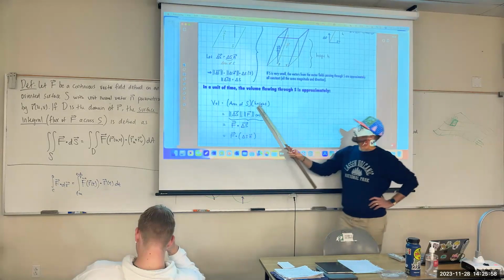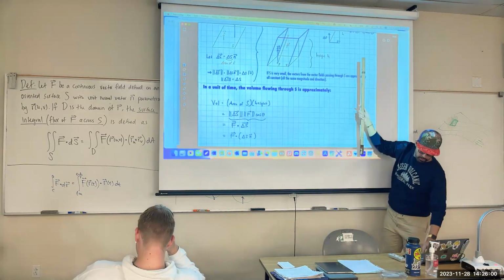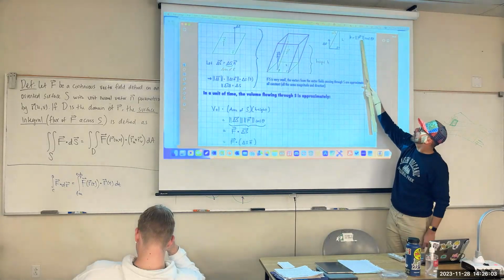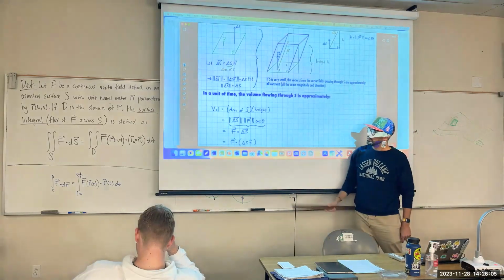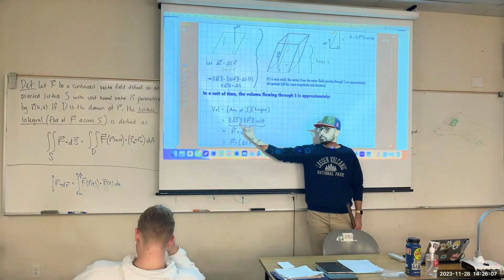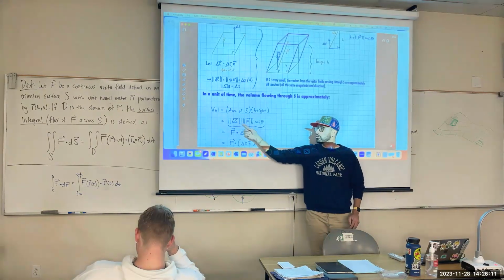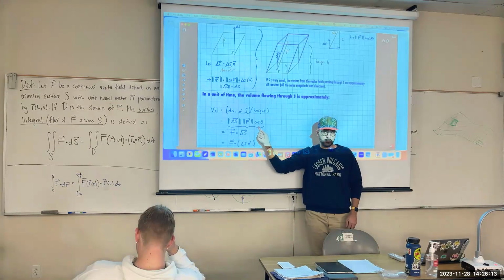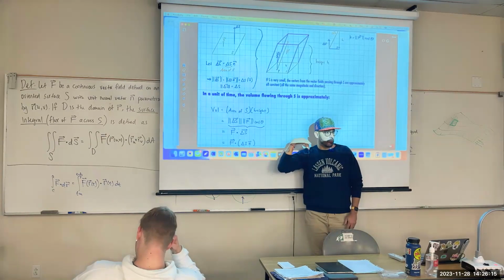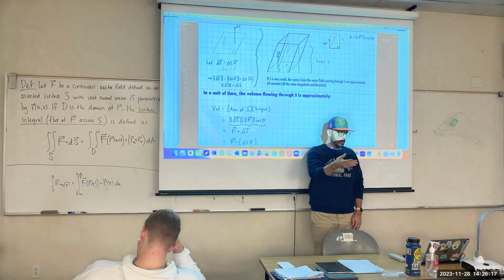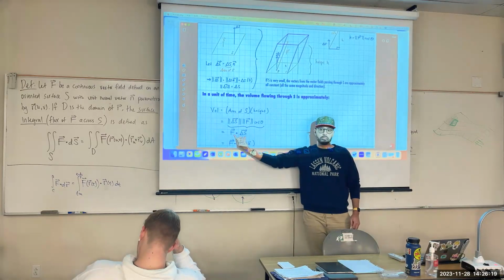The height was given through the magnitude of F cosine theta. And so then chapter 12 comes in and says, look, this is the product of the magnitudes of two vectors times cosine theta. So remember from chapter 12, the dot product theorem, that is equal to the dot product of those two vectors.